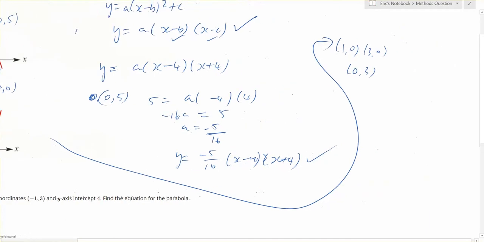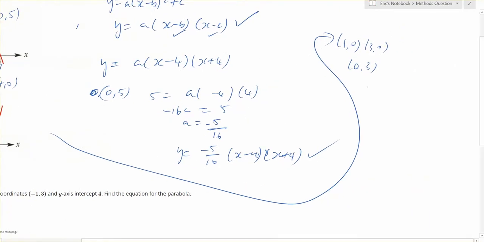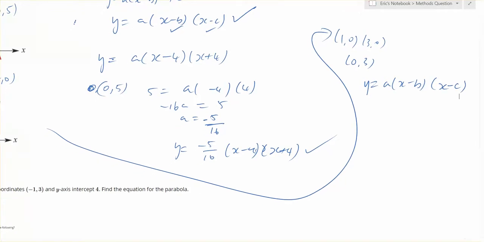So it's a similar process. We choose the factor form because the information given can fit into this model. So I'll write what we know first. We know one of the x-intercepts is at 1 and one of the x-intercepts is at 3.